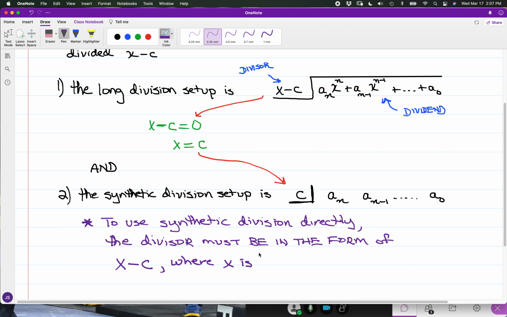So the divisor must be in the form of x minus c, where x is of first order.